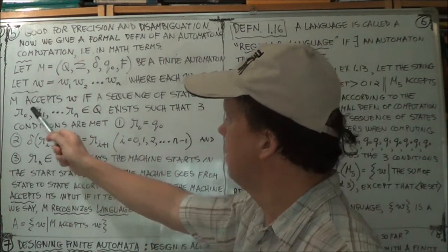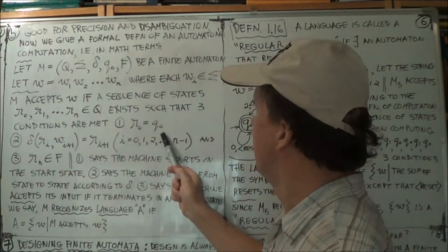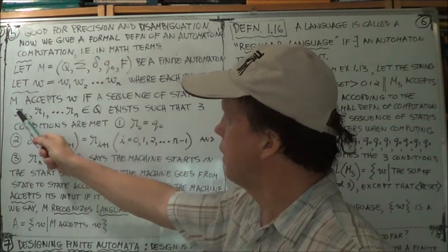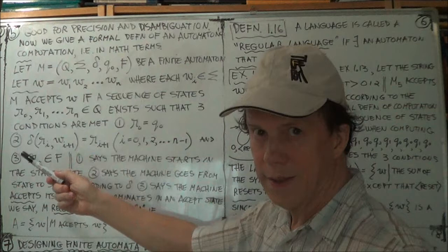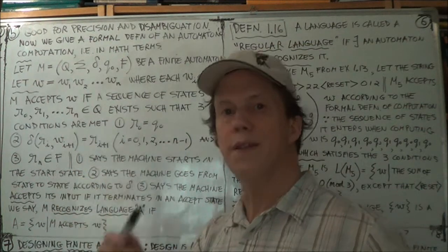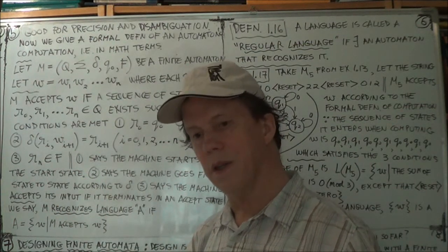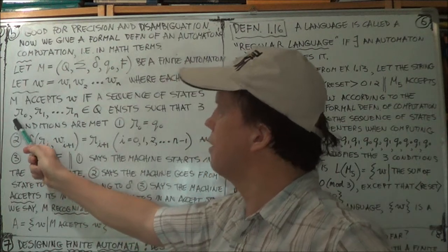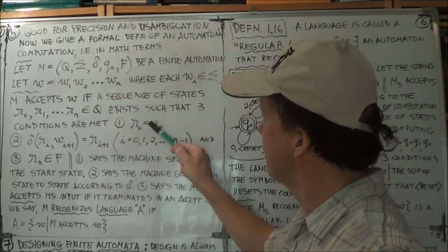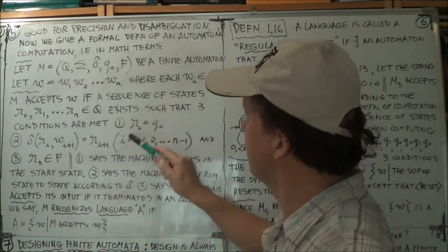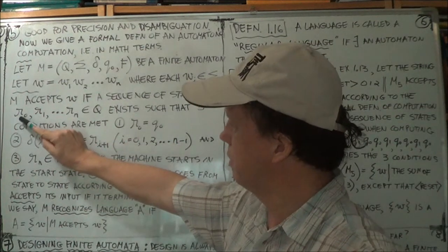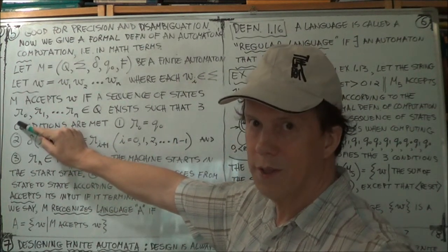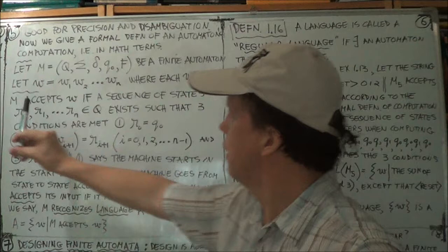Now point 1, we're here. So the first state the machine is in, as it starts, before it reads its first input symbol, so that's why you start at R0, will be the start state. So R0 is your very first in the sequence of states over time.